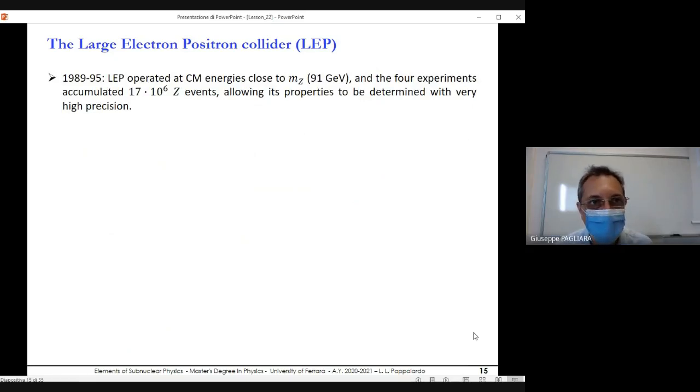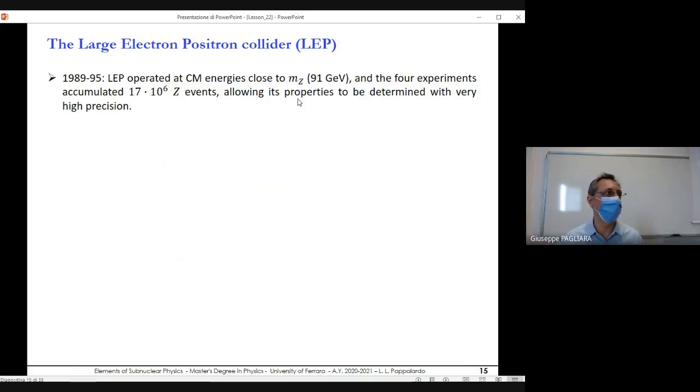So in the first era of LEP, from 1989 to 1995, LEP operated at a center of mass energy close to the mass of the Z, because you want to create Z. In this case, the full center of mass energy of electron and positron can be used for the creation of the Z. You don't have quarks, you don't have to share this with the other constituents, you just have 2 leptons.